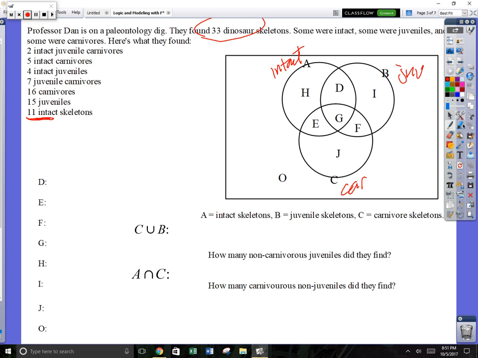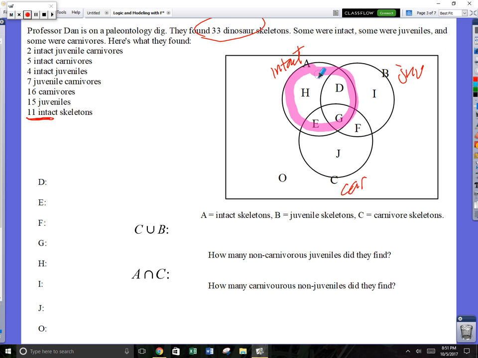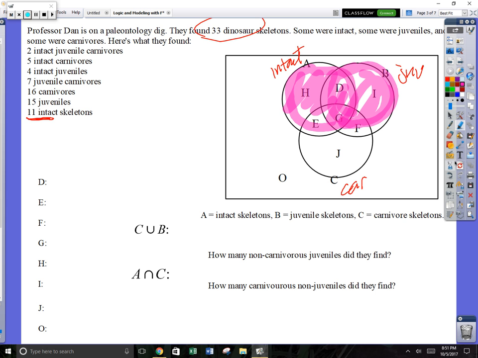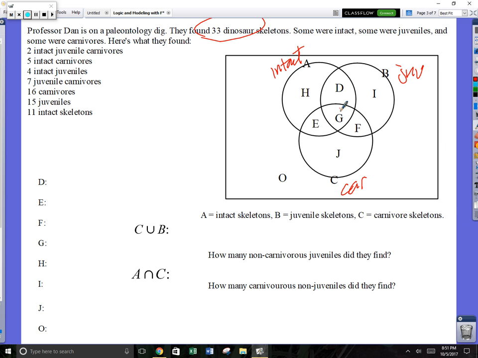So the intact, they have to live in the intact circle, and they have to live in the juvenile circle. So the only ones that live in both circles at the same time are the intersection, which is region D and region G. Now there's 2 of them.